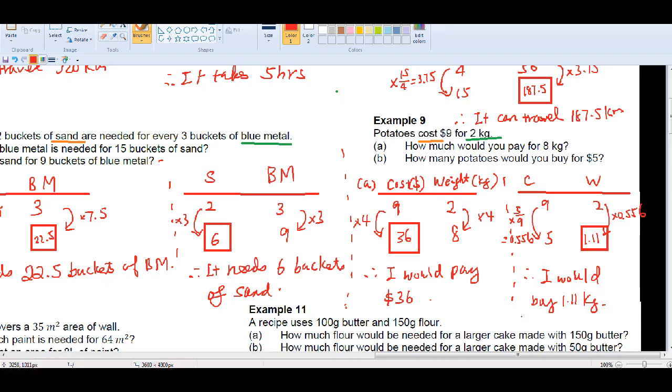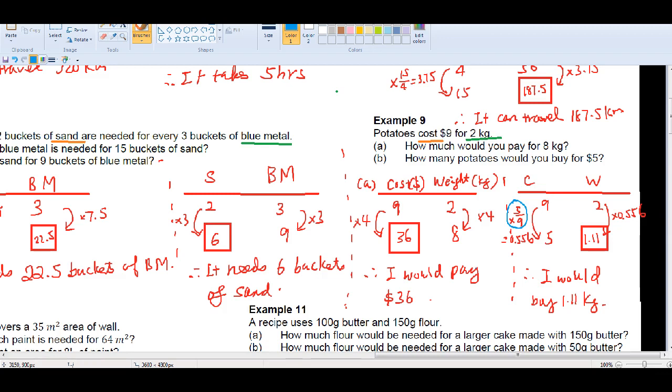Okay, so the number you are going to multiply, be careful. The number you are going to multiply will be 5 over 9, not 9 over 5. Alright, so always use your target number, which is 5, divided by the number you begin with, which is 9.